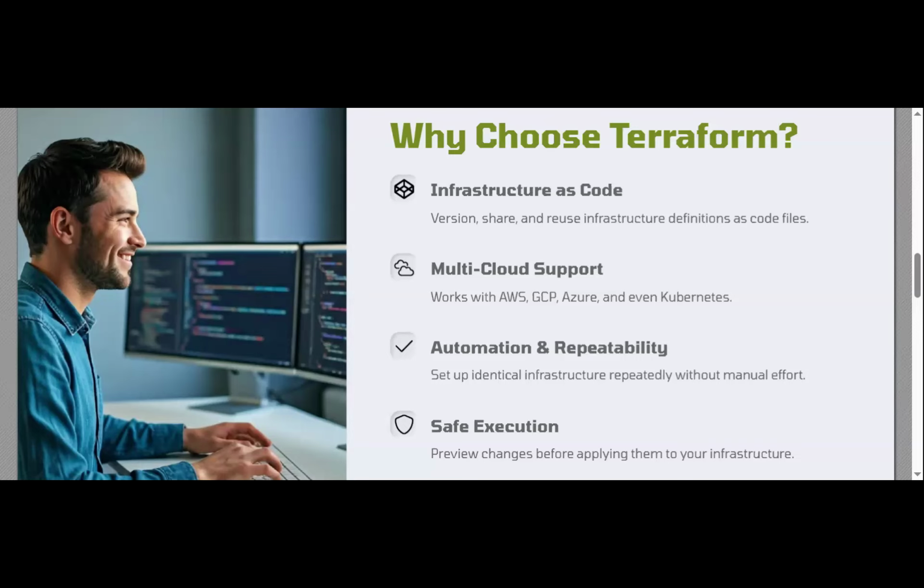So I can reuse this code for some other projects also. Because the creation of EC2 is the same, creation of VPC is also the same, creation of S3 bucket is also the same. I don't want to write the code again and again. If I have used this code in some other project, I can just copy and paste it. So that's what infrastructure definition as code files means, and we can reuse the infrastructure definitions as they are.